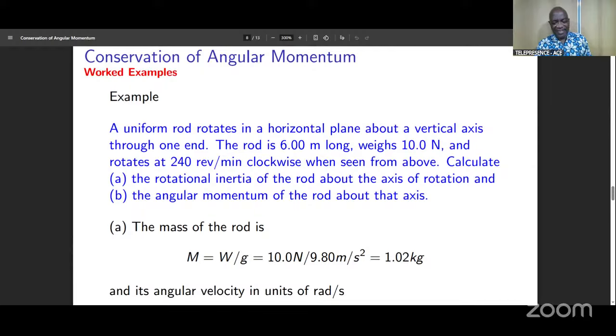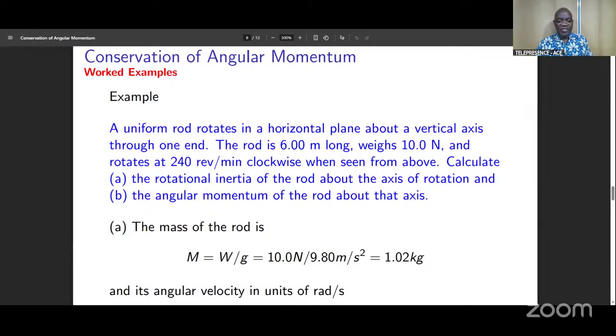Notice that in this case, this question is actually not about conservation of angular momentum, but about determining angular momentum itself. So you can take it as an example to illustrate what we discussed in our previous contact.